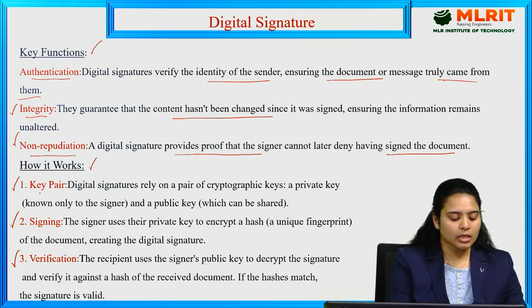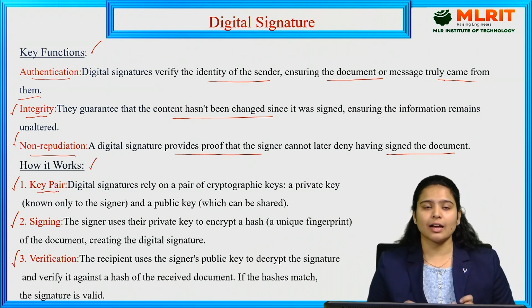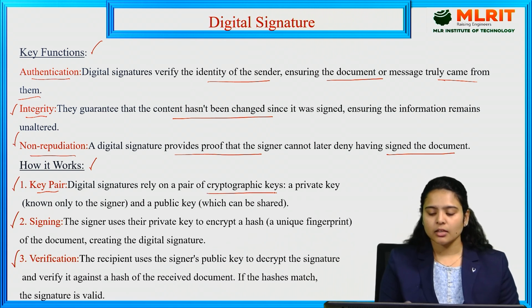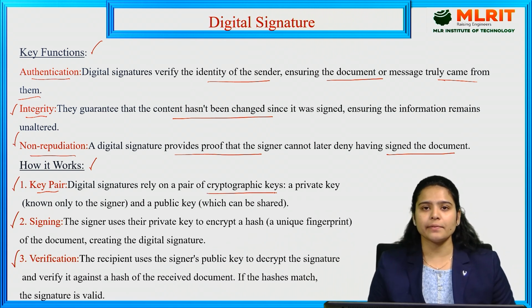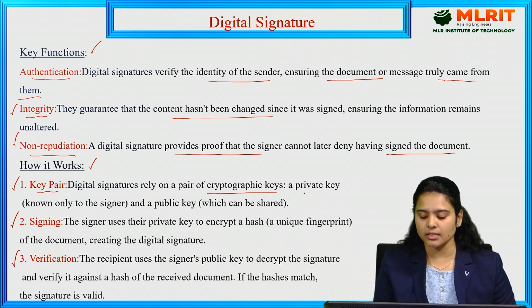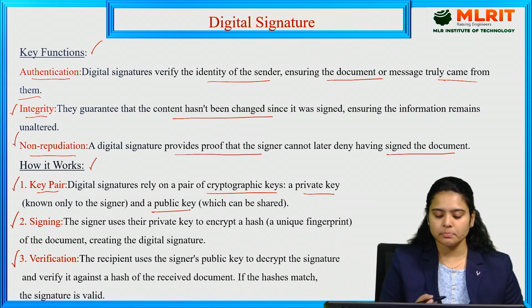Coming to the key pair, we use cryptographic keys, and while using them we basically use two types of keys: one is the private key and the other is the public key.